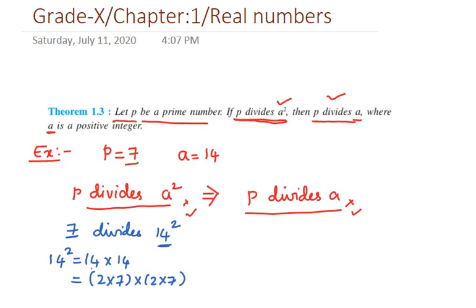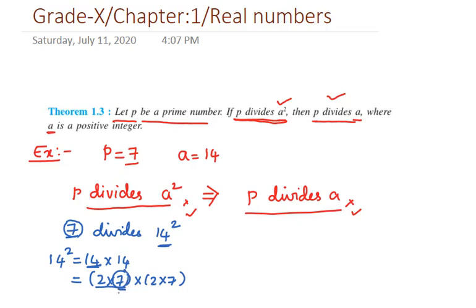Now how are you writing this? 14 is a composite number. Every composite number can be expressed as a product of prime numbers. From the fundamental theorem of arithmetic I am writing this factorization. So 7 is a factor in this prime factorization. Yes, see here in 14 square, do we have 7 as a factor? Yes.